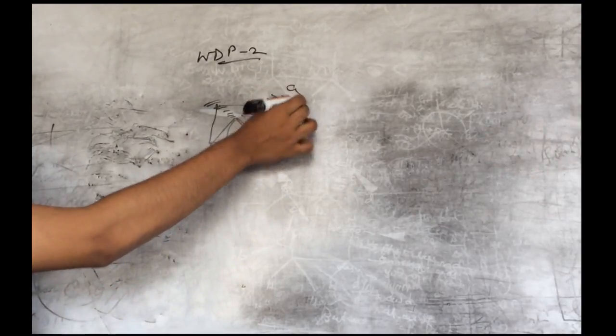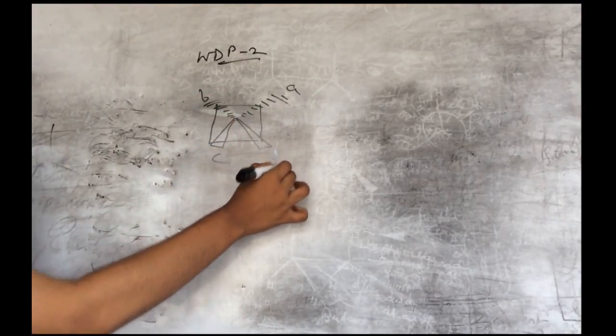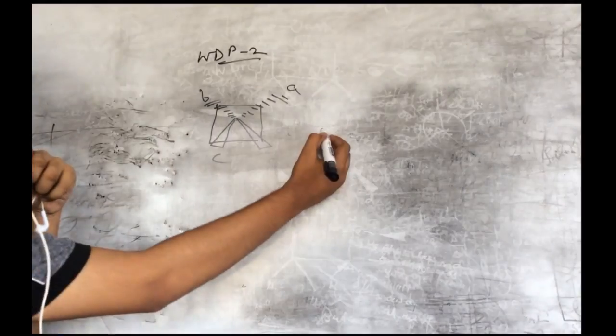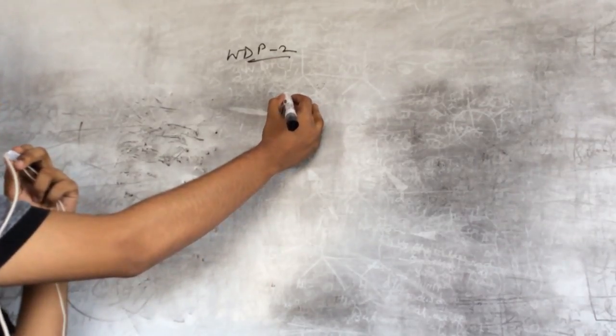So let this be A, B, C, D, and we draw the WDP2 for this one.